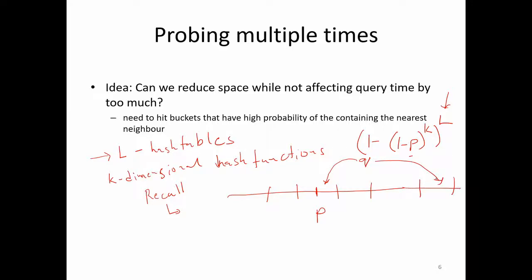Now remember, in the general hash function sense, we don't have nearby buckets and far away buckets. All buckets are equidistant, or there is no notion of distance between the buckets. But in practice we have, and we will see how it comes.